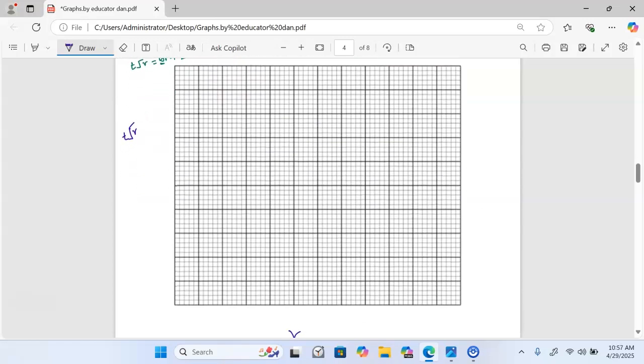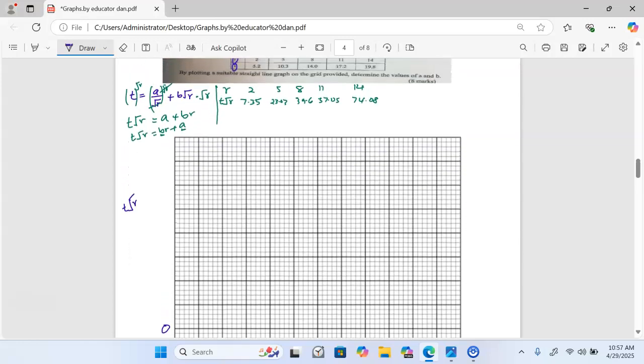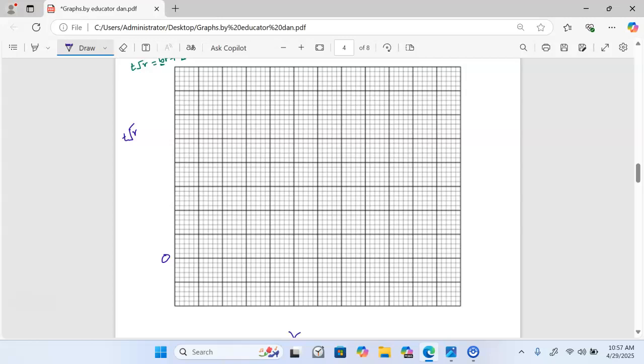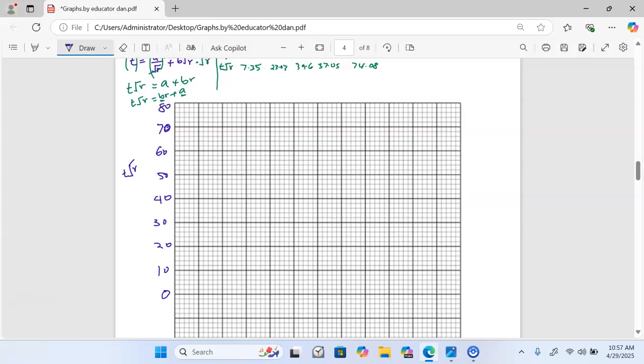We are going to begin from around this point here where we have our origin as 0. We have 8 boxes that are going to accommodate values between 7 and 75, so we are going to use a range of 10, 20, 30, 40, 50, 60, 70, and of course 80 up here.